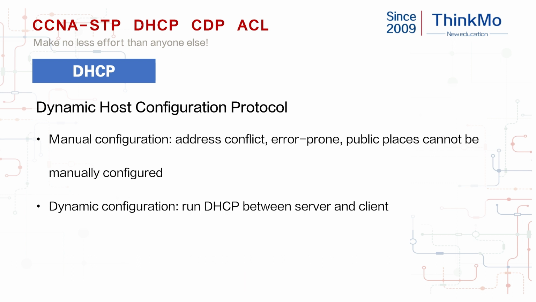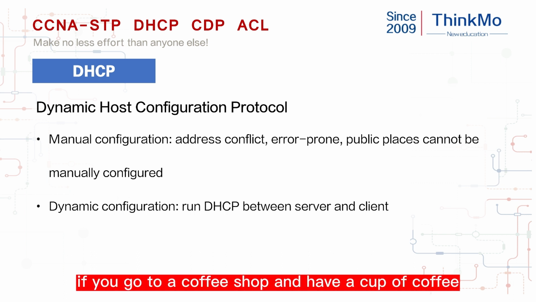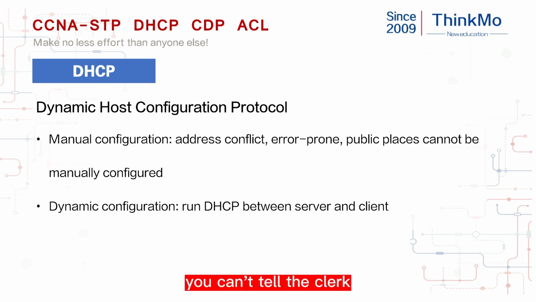That is, when you are in a public place, there is no way to configure it manually. If you go to a coffee shop and have a cup of coffee, you can't tell the clerk to let you connect to their Wi-Fi and assign you an IP. This is impossible. If you want to connect to the network inside the coffee shop and surf the web through their devices, you need to configure an IP.